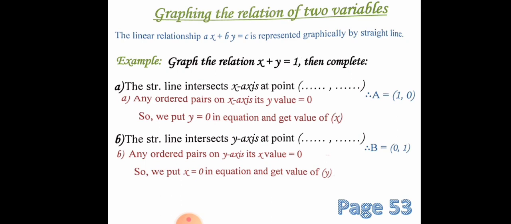To understand this more, let's graph the relation x plus y equals 1. We said before, in the table method, that if you want to find the points in the table, it's better to put the relation in the form y equals something. So you subtract x from both sides, which gives y equals 1 minus x.